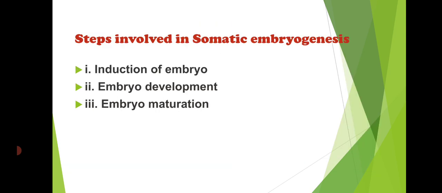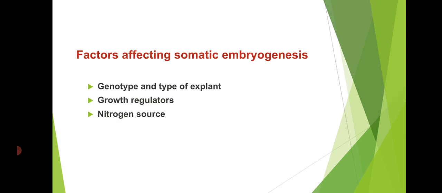Then what are the major steps in somatic embryogenesis? That is induction of the embryo, then how the embryo develops, and how the embryo matures. After maturation it will form new plantlets. So those are the steps. Then what are the factors affecting somatic embryogenesis?